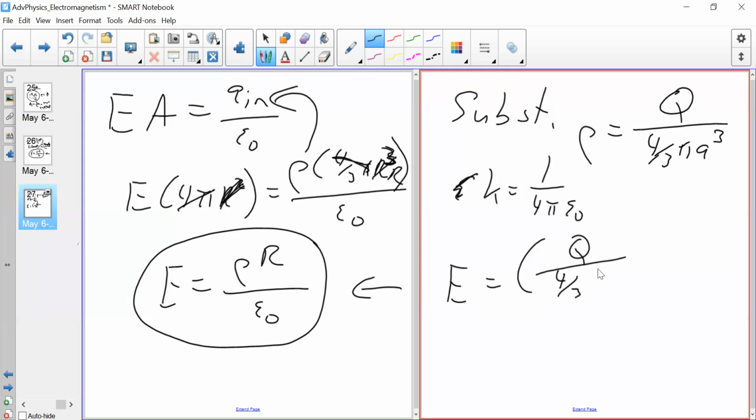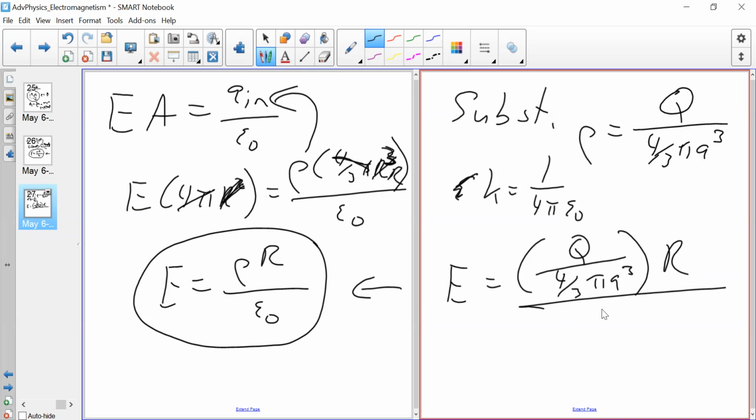It's a kind of kludgy, or I want to say hokey, way of integrating all the way up to A, but it's more intuitive than anything. A cubed times R. And then we have 3 over epsilon naught.